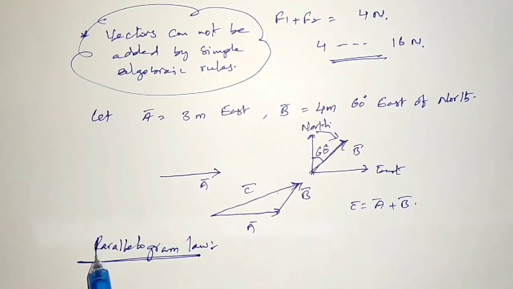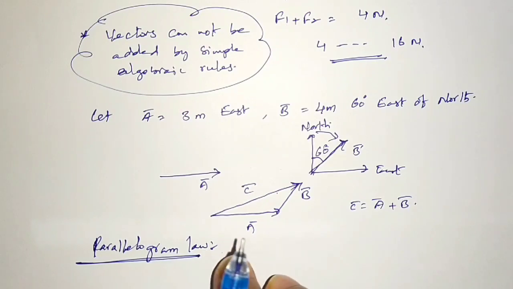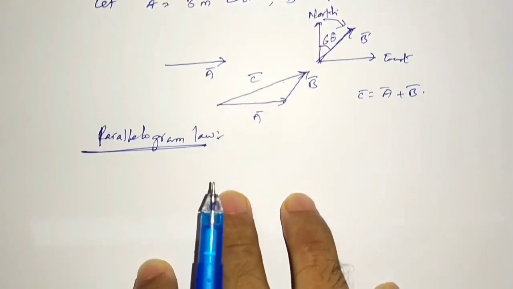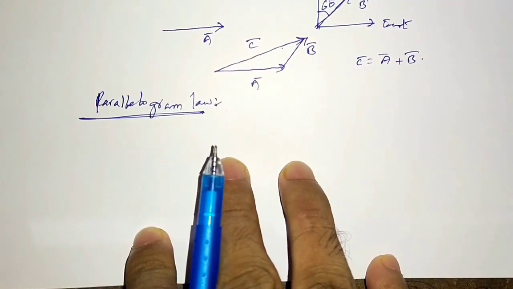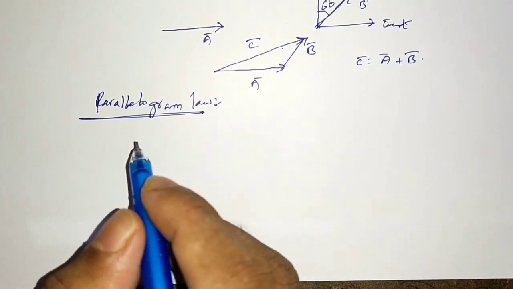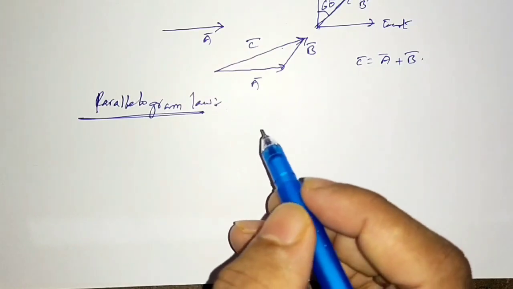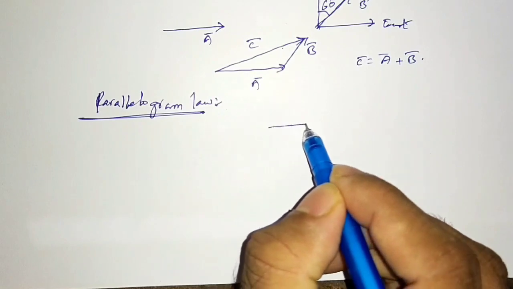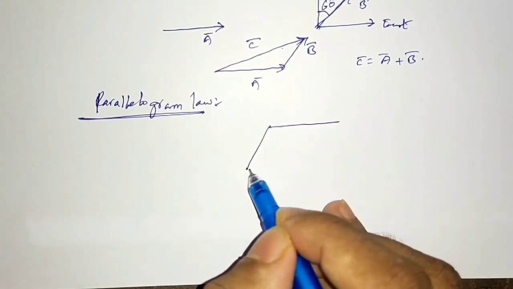This is an important one, because in all physics chapters, when we are dealing with vector physical quantities, we use this mainly. So listen carefully and try to learn it. It's very easy, right? You know very well about a parallelogram. Let me draw a parallelogram.